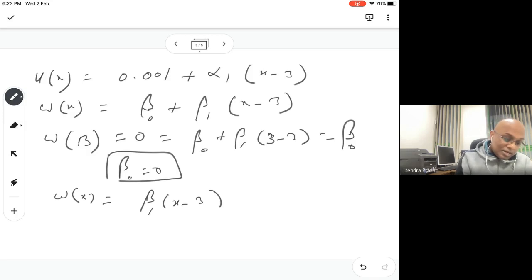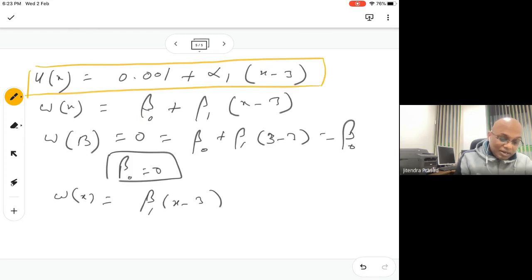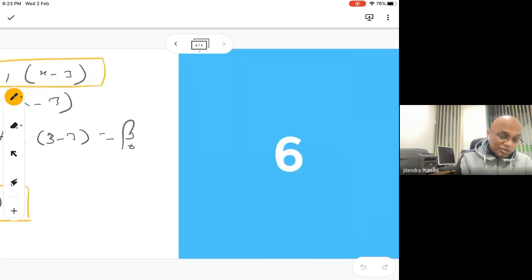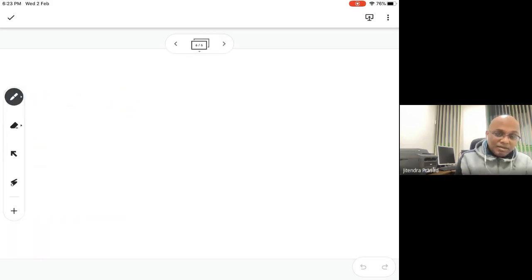So you got the form of this. We have the u and we have w, right? The rest you can work out on your own. And how will you do it? We have the weak formulation.